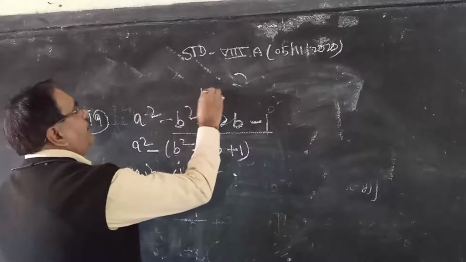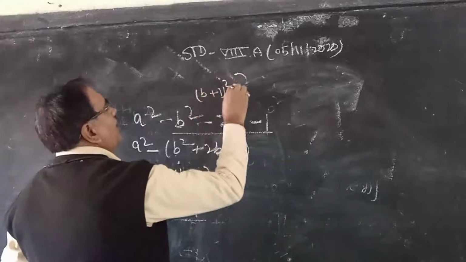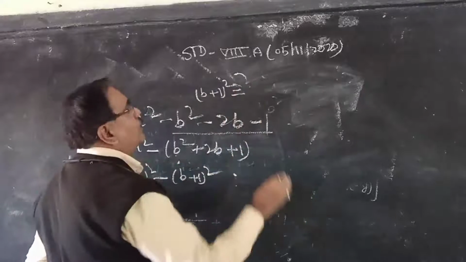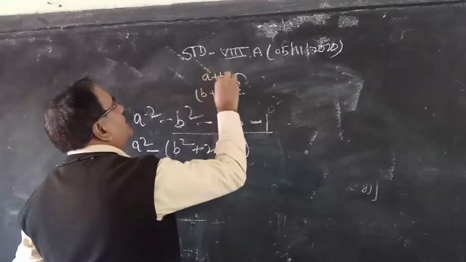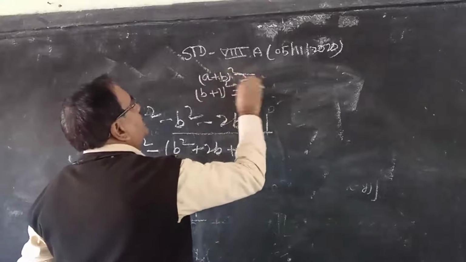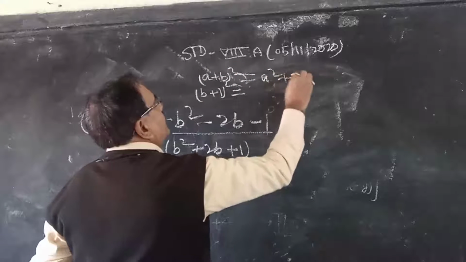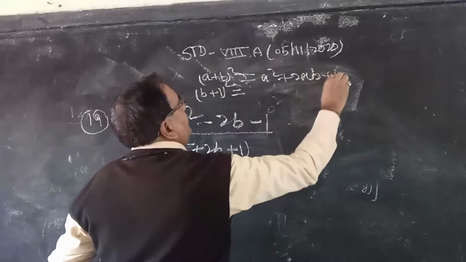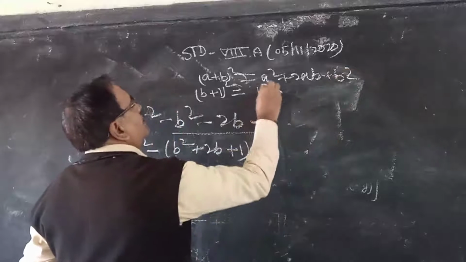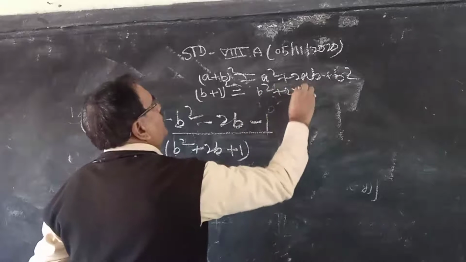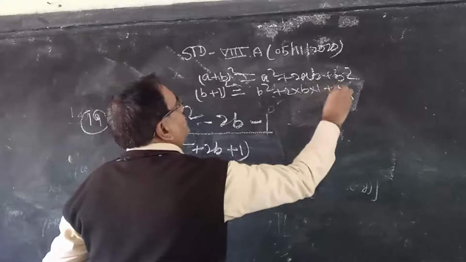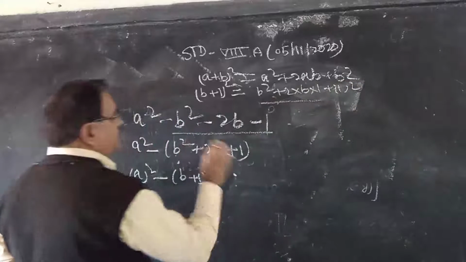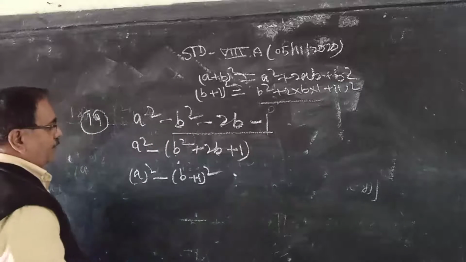Expanding by a plus b whole square, that is a square plus 2ab plus b square, here also b square plus 2 into b into 1 plus 1 square. First of all, you have to take the common.